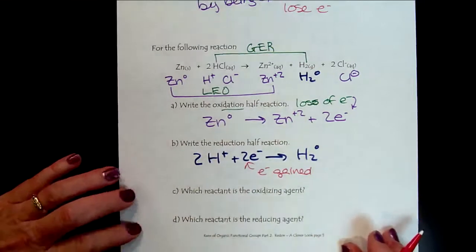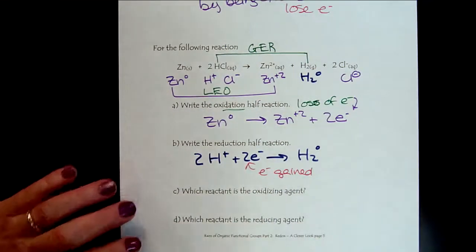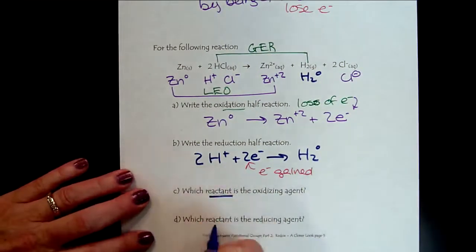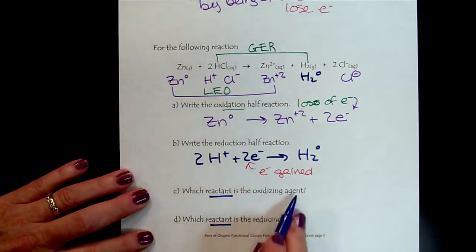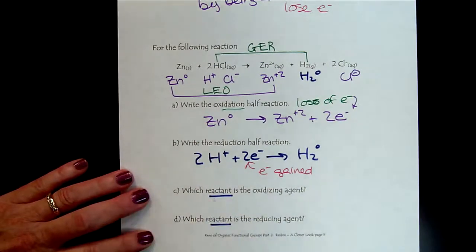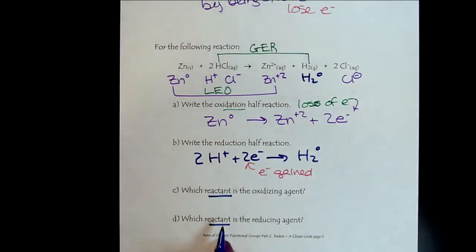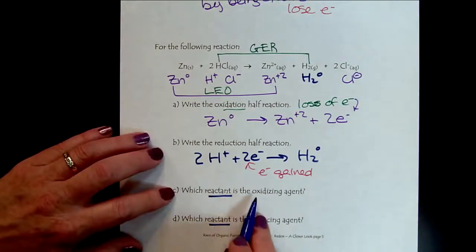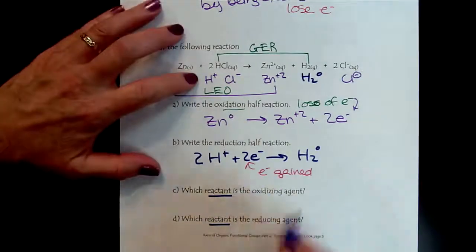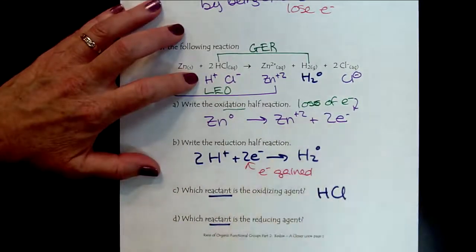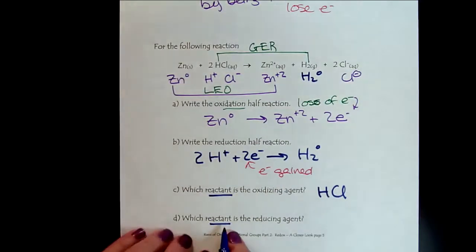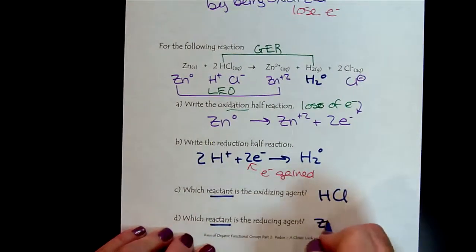Okay, now so here we go, reactant. When we get to oxidizing agents and reducing agents, we're talking about the full compound, the reactant. So which reactant is the oxidizing agent? That would be the hydrochloric acid. And which reactant is the reducing agent? That would be the zinc metal.